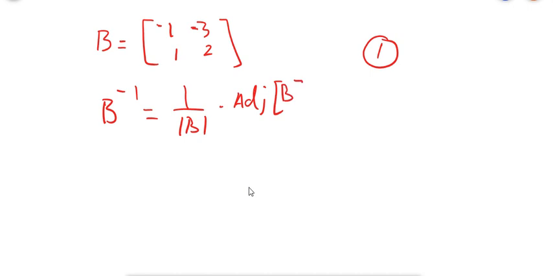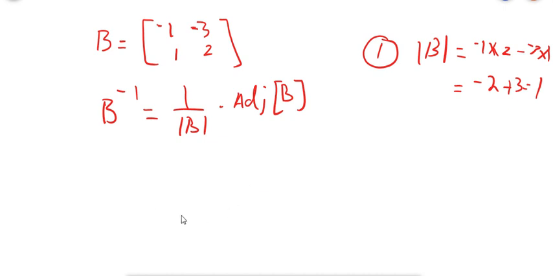The determinant of B is equal to minus 1 multiplied by 2 minus 3 multiplied by 1, which is equal to minus 2 plus 3, which is equal to 1. So here there is an inverse.